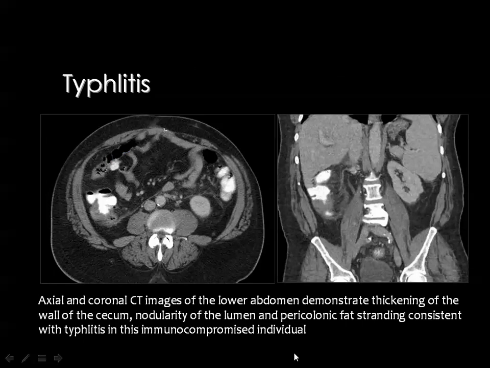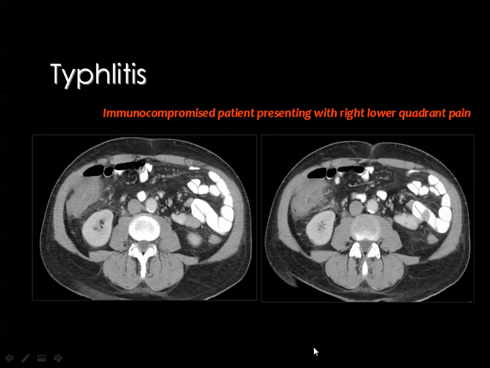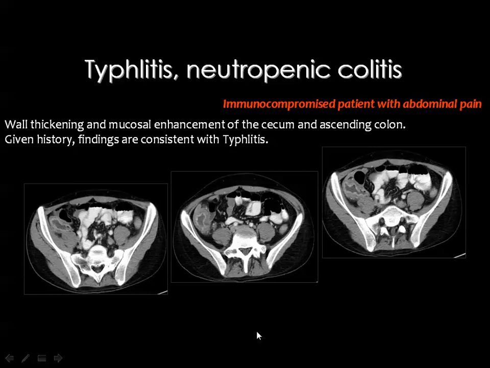And this is a case of typhlitis, and you see thickening in the region of the cecum and the ascending colon with stranding of the pericolic fat, and this is a well-known immunosuppressed or immunocompromised individual. This is the same case you have seen before, and this is also another example, a lesion which is localized to the right side of the colon, especially the cecum.